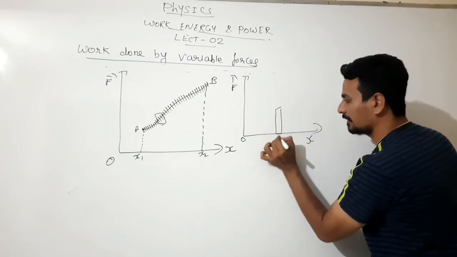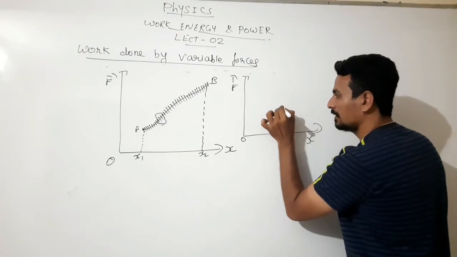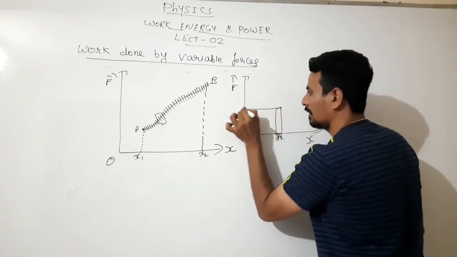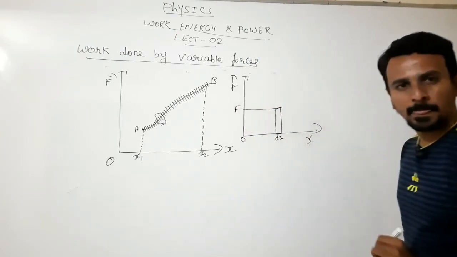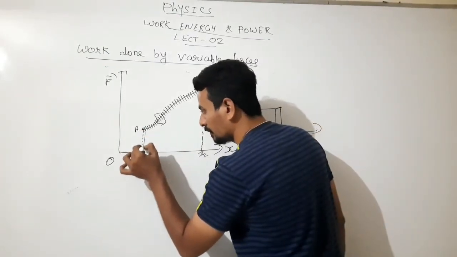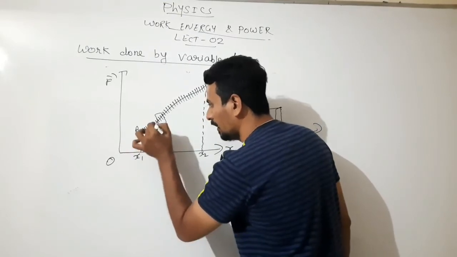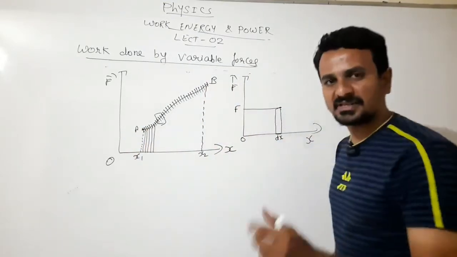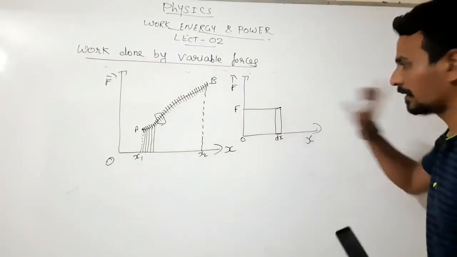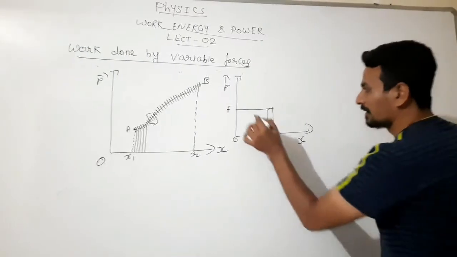This will be dx, and this will be F. I have just divided this into thin strips. This is how we are dividing it into thin strips. I have just taken one strip and shown it over here. So this will be a very small displacement dx, and this will be the force.